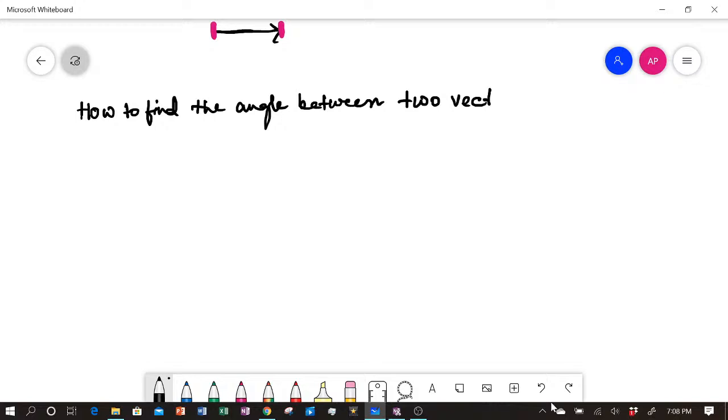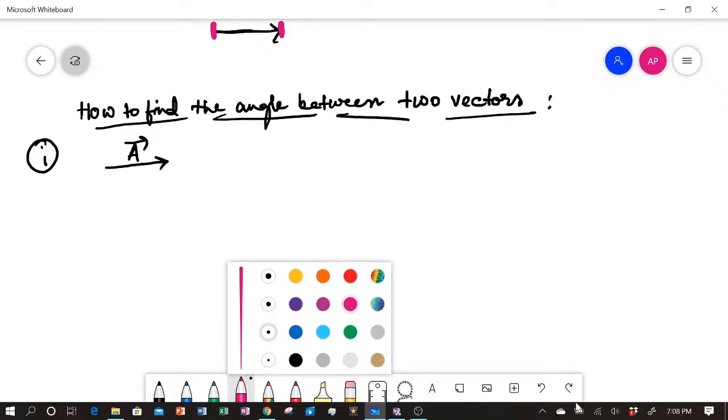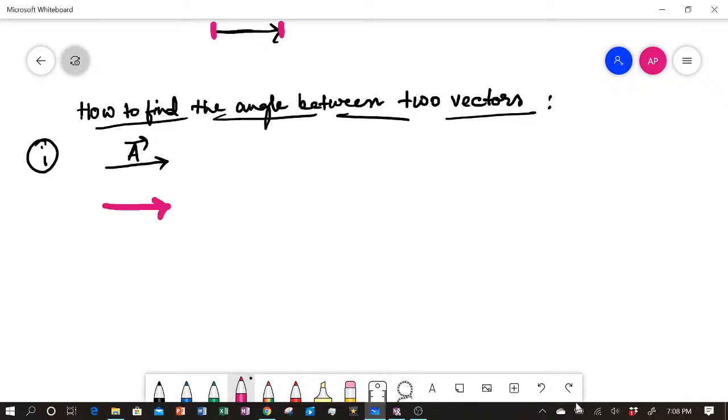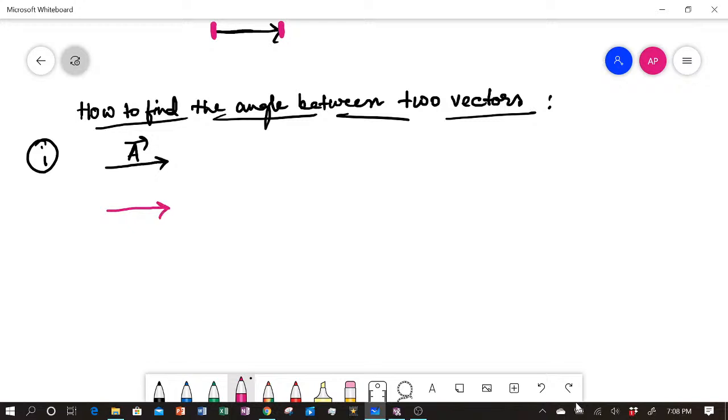First of all, suppose two vectors are like this: vector A and another vector B.